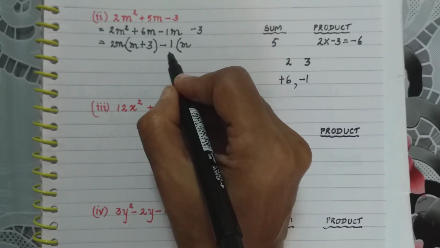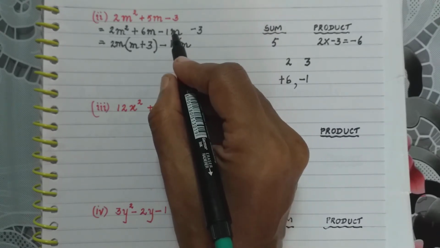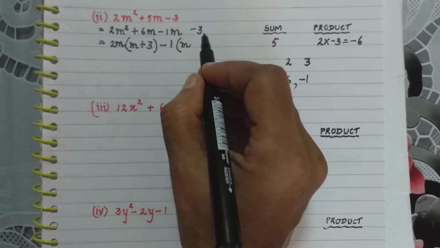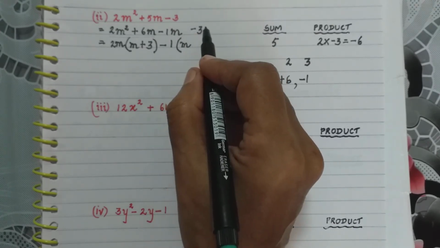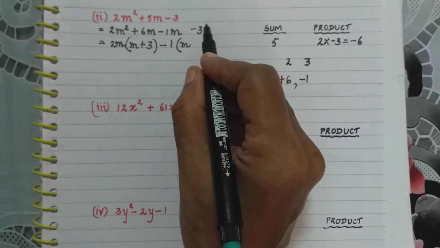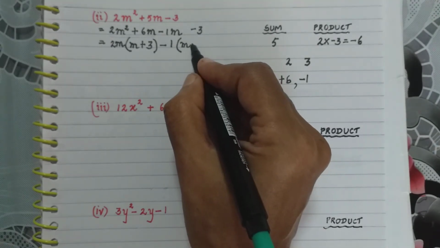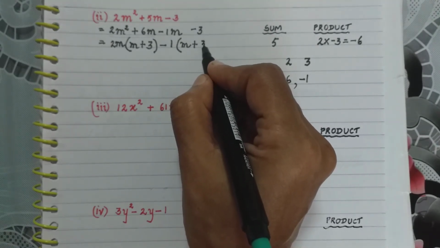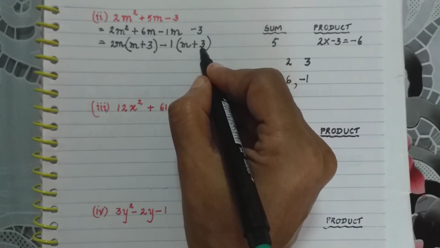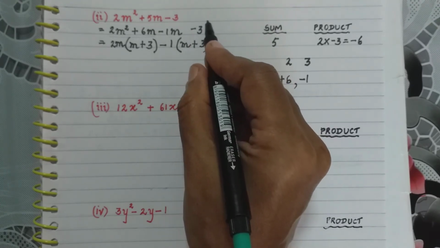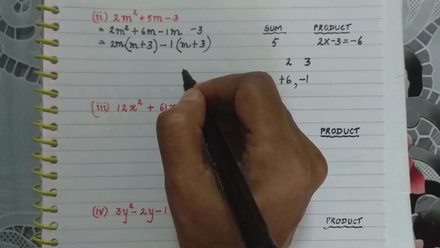Let us see if what we wrote is correct. Minus 1 into m is minus 1m. Now minus is already out. What is left here? 3. So I can write here plus 3. Plus 3 into minus 1 is minus 3.